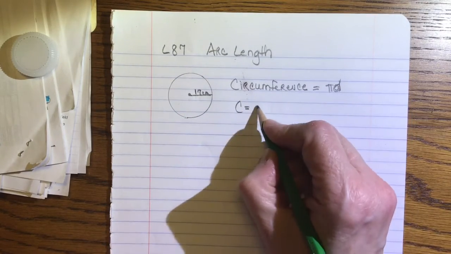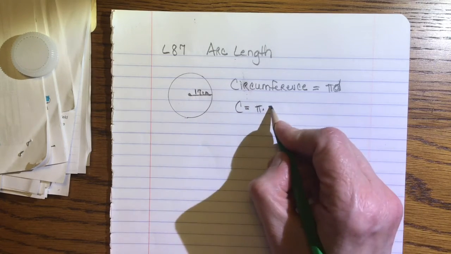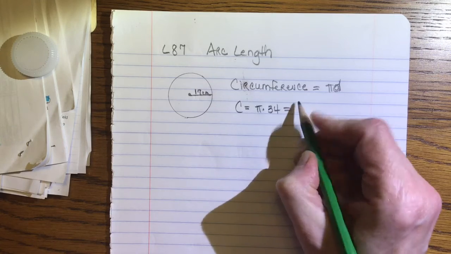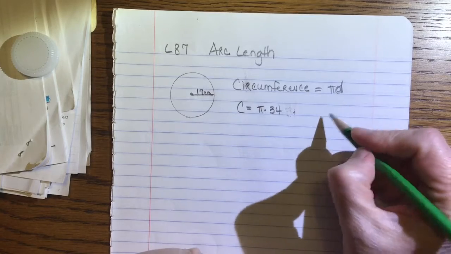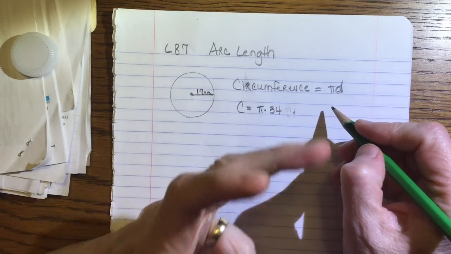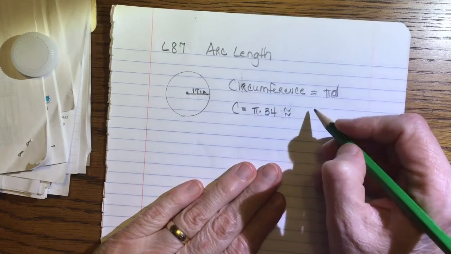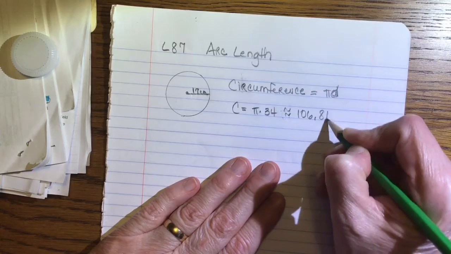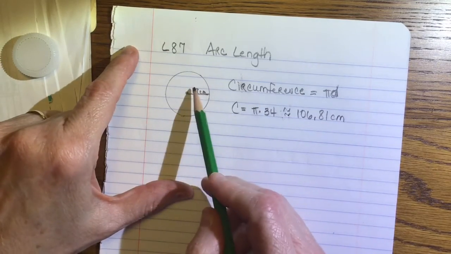So we're going to do pi times, if 17 is the radius, then 34 would be the diameter, and 34 times pi is approximately, we're going to round here to 2 decimal places. You'll just have to watch when you do the multiple choice on your lesson. And this is about 106.81 centimeters.